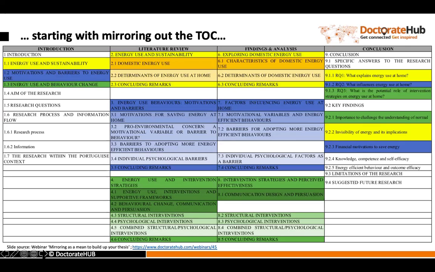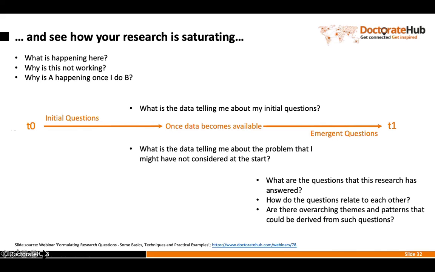So this level of accuracy can help you going through your research and seeing it getting saturated, and see how initial research questions like what is happening here, why is it not working, or why is A happening once I do B, evolve into more saturated questions like what are the questions that this research has answered? How do the questions relate to each other? Or what are the overarching themes and patterns that could be derived from such questions and from the findings?